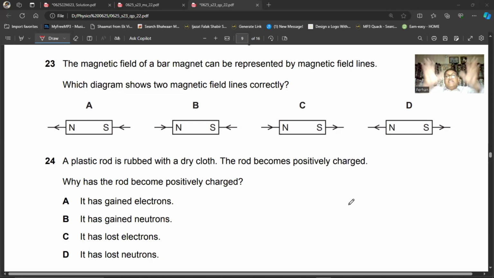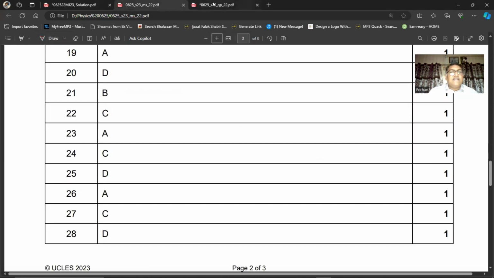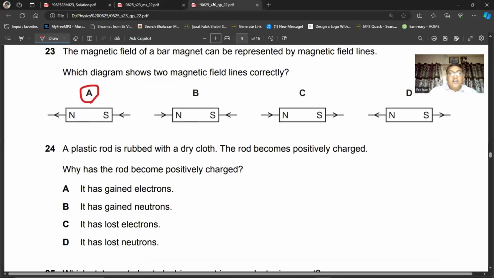From the north, the magnetic lines come out, and in the south, the magnetic lines go in. So I think A is the best answer, sir. Question number 23, A is the right answer, sir.